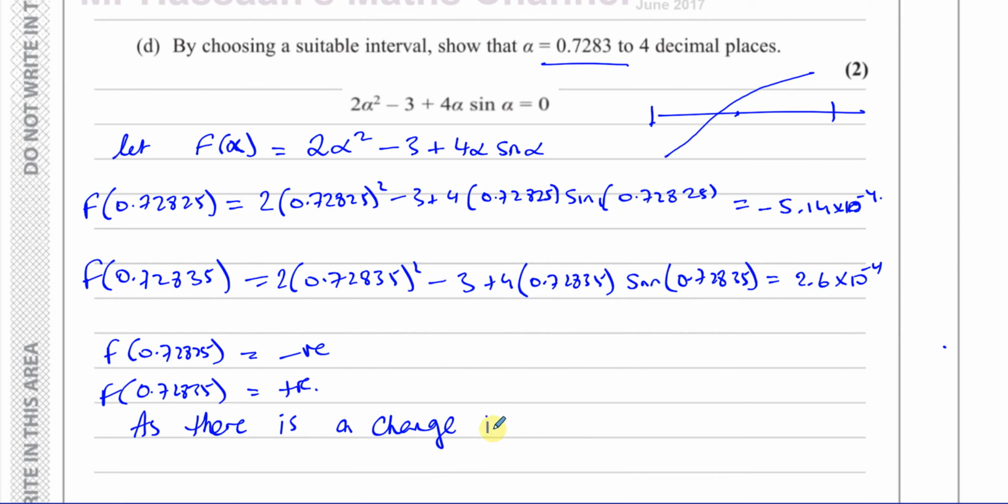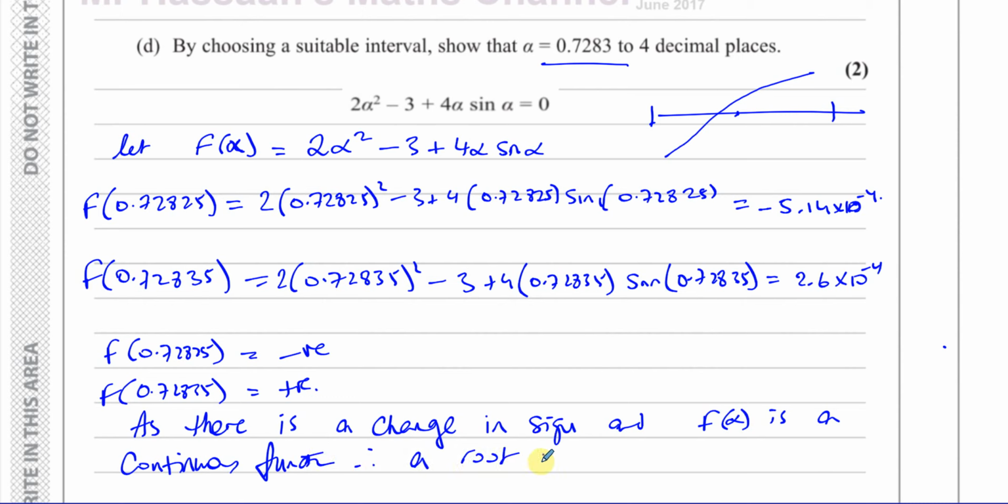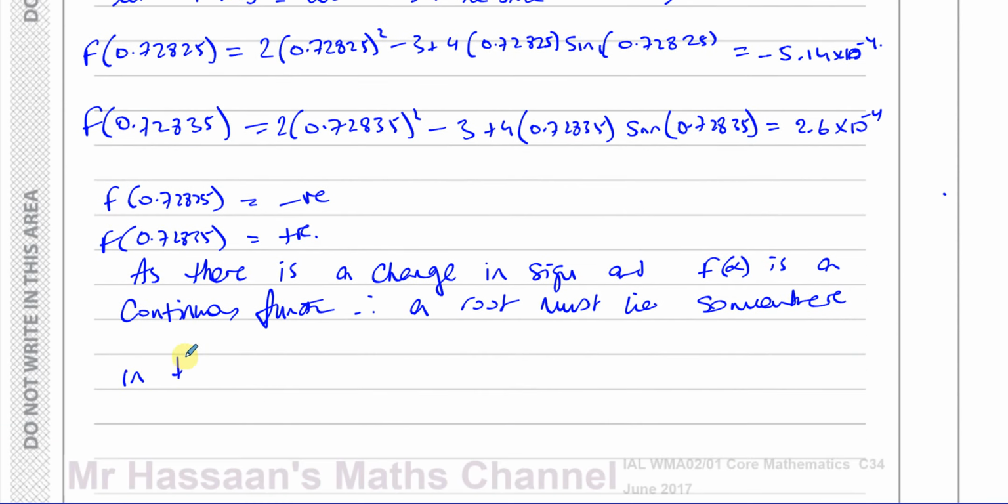So as there is a change in sign, and what we called f of theta is a continuous function, therefore a root must lie somewhere, sorry about my bad handwriting, in the interval, and I can write it as 0.72825 and 0.72835.